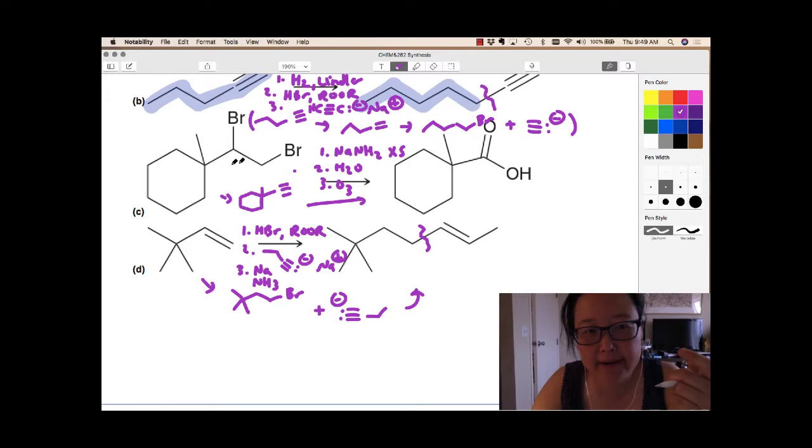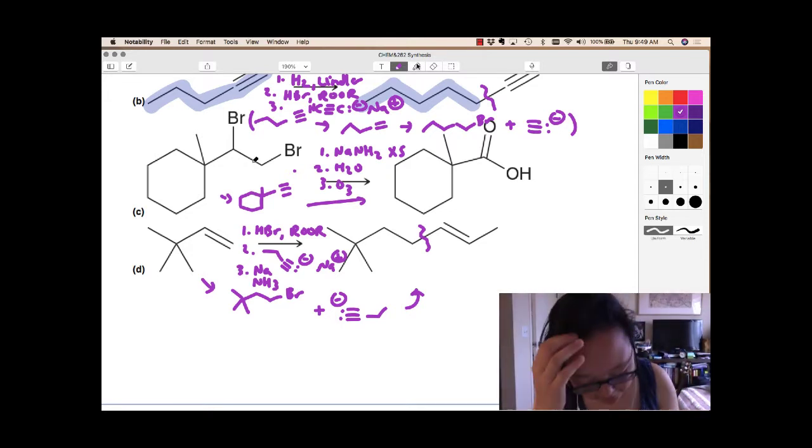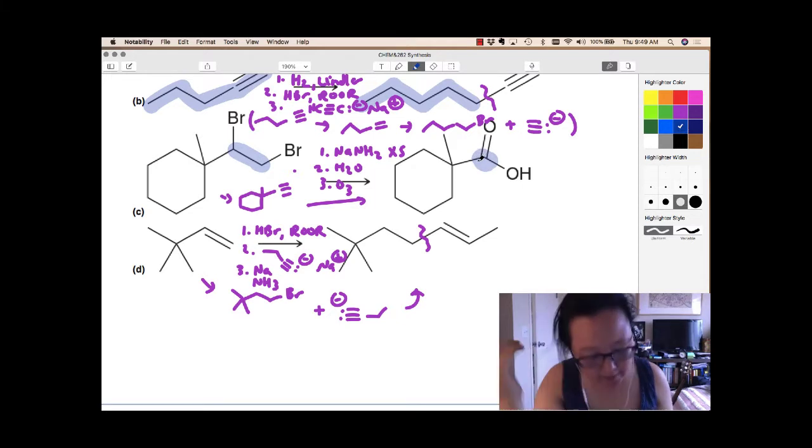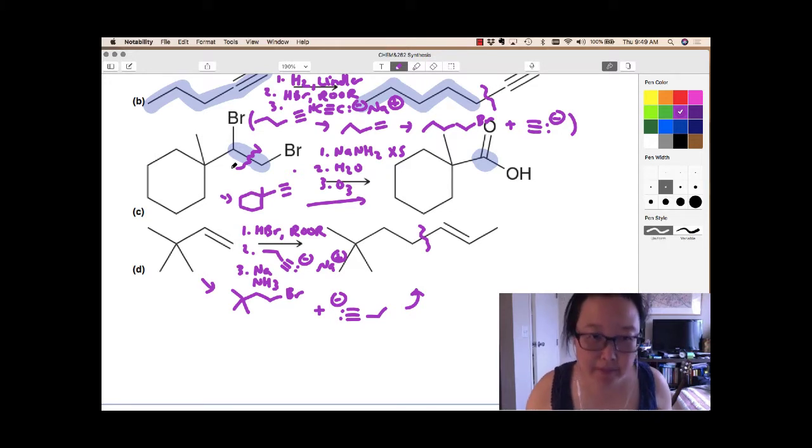For this one here, I noticed that I've got this reactivity, and then we've got to have a cleavage here. Okay, so I need to cleave that off eventually. So I'm thinking a double bond or triple bond and then cleaving it. Now, some of you know from a double bond, I can cleave this.